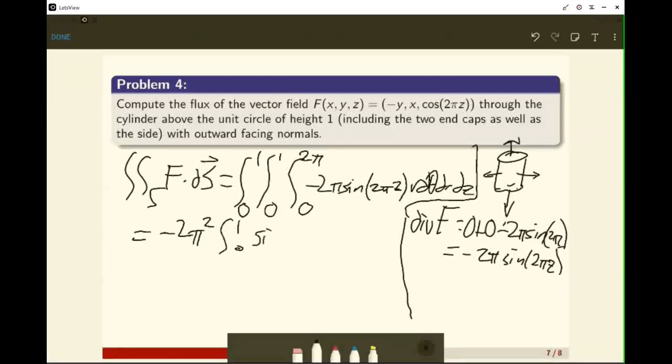And then sine of 2 pi z dz. The antiderivative of minus sine is cosine, and we pick up a factor of 1 over 2 pi.